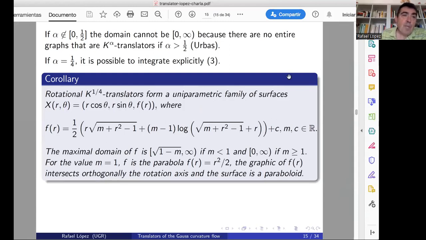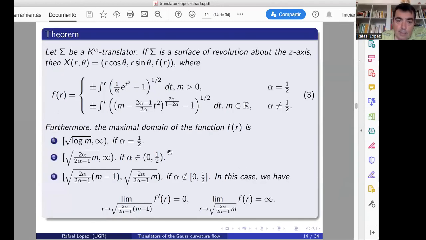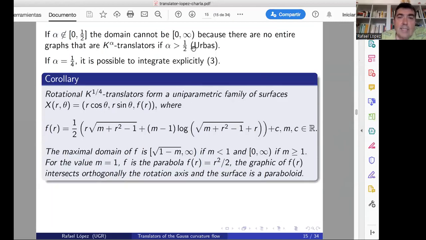For example, when alpha is not in this interval, I repeat, the domain is a finite interval, and the previous result says that it's not possible to get an entire graph. Our results are in agreement with this kind of result, for more general cases, of course.